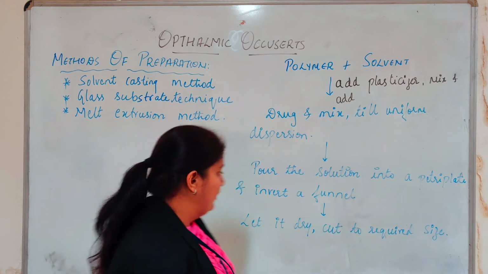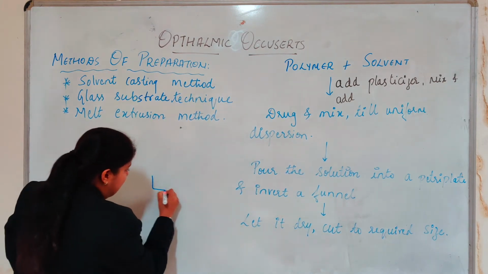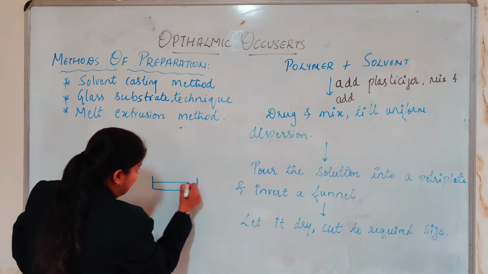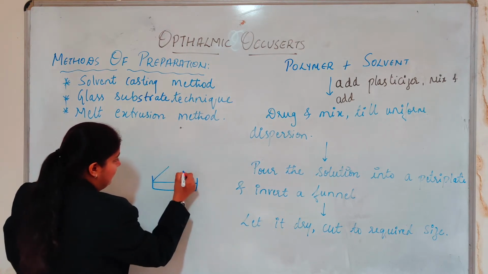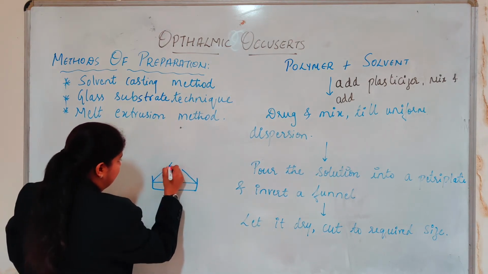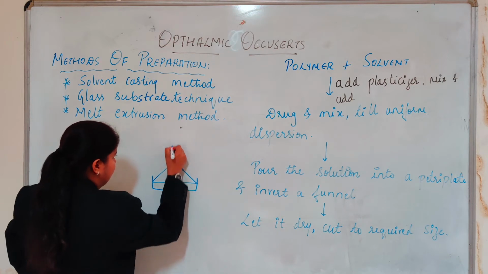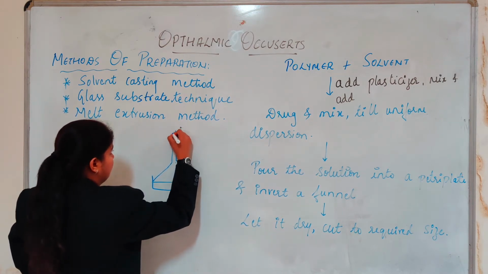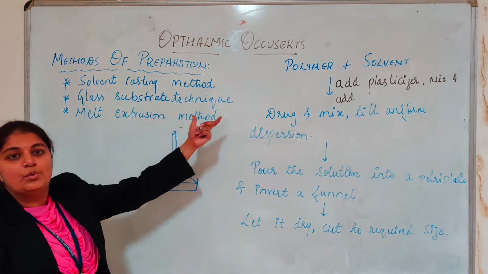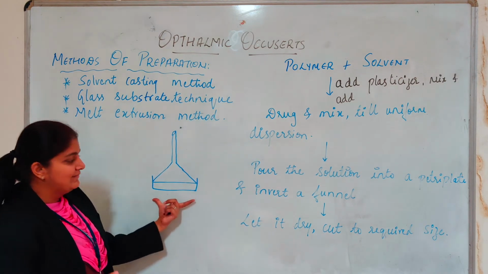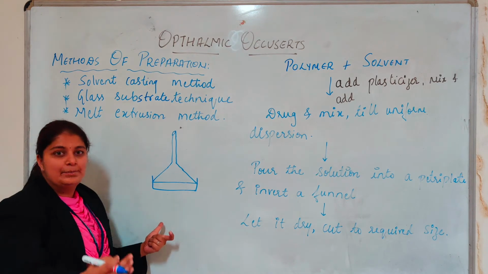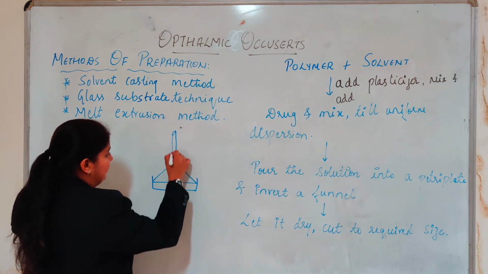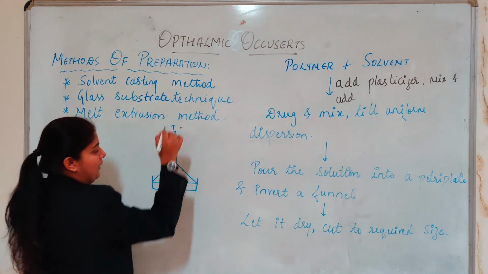It will look somehow like this. If this is the petri plate, this is the content, and we are inverting a funnel. As I said, we are usually using volatile solvents. So once we invert the funnel and keep it for drying, the volatile content will start getting evaporated.